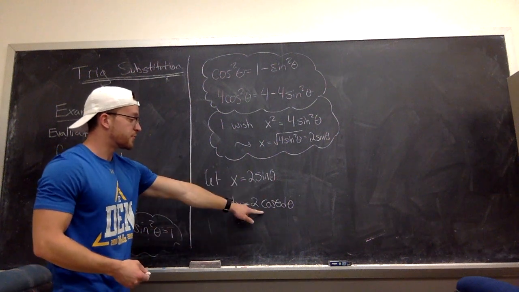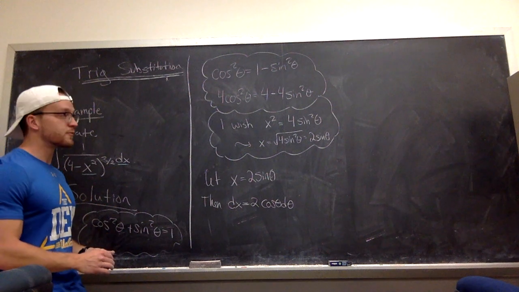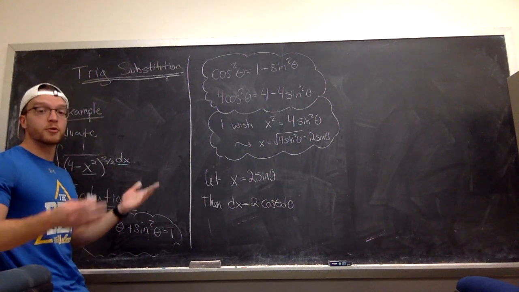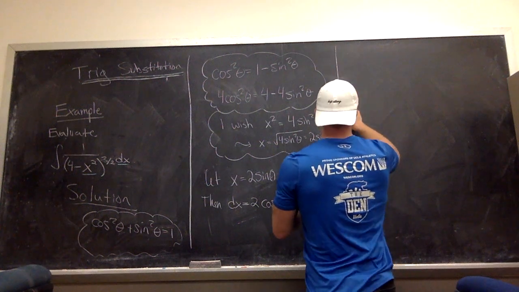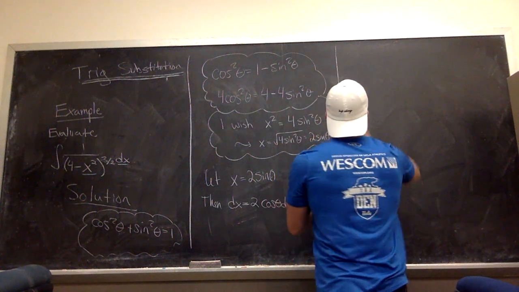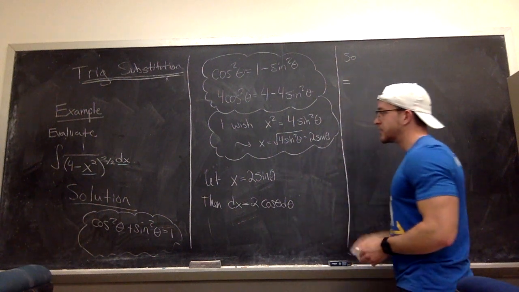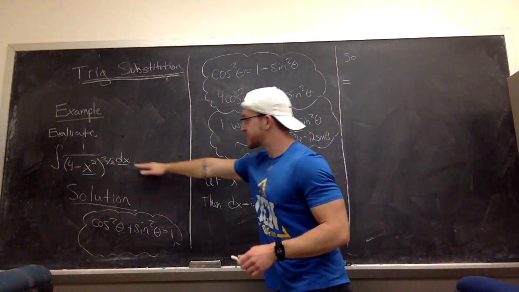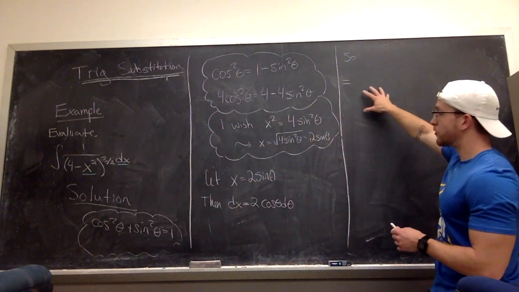And then with this information and this information, we can take this integral here and completely transform it to be in terms of our new variable theta. So, taking the original integral here and transforming it into theta, what do we get?